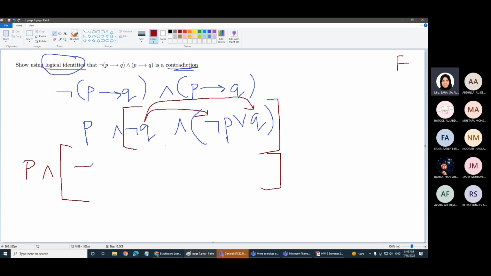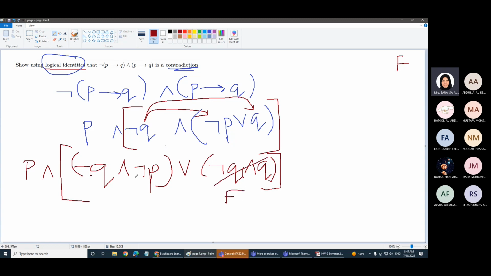I will distribute, so it will be not Q and not P, ORing with not Q and Q. Not Q and Q is always false, because Q with its negation means surely one of them is false, so the AND between them is false. False ORing anything is the anything. So the end of this will be not Q and not P.